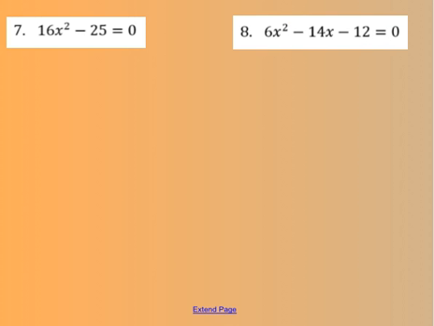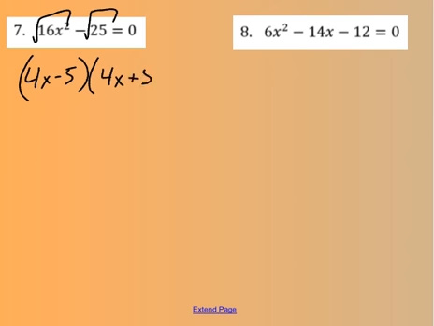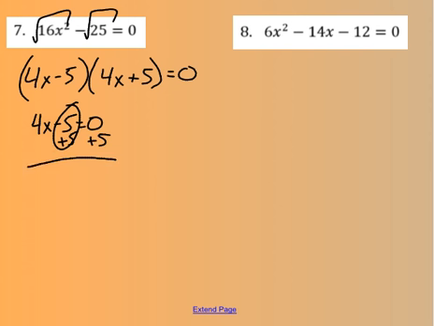Here's another special case one. Square root. So 4x minus 5. But then now I'm going to have 4x plus 5. So these are not going to be the same thing. I'm going to have two possibilities. Well, basically what happens is the first one is going to be positive, because I add the 5. So 4x equals 5.